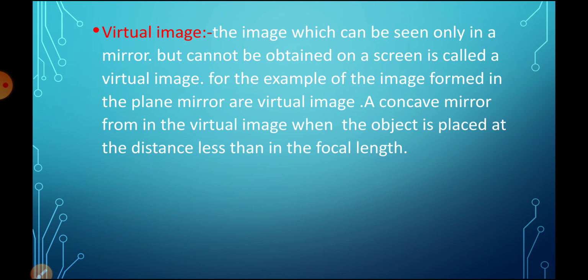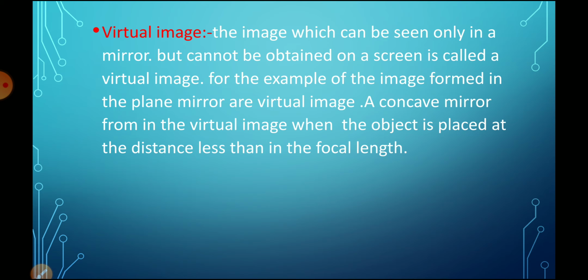Virtual image. The image which can be seen only in a mirror but cannot be obtained on a screen is called a virtual image. An example of the image formed in the plane mirror is a virtual image.